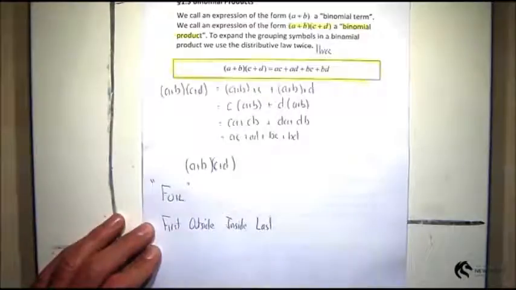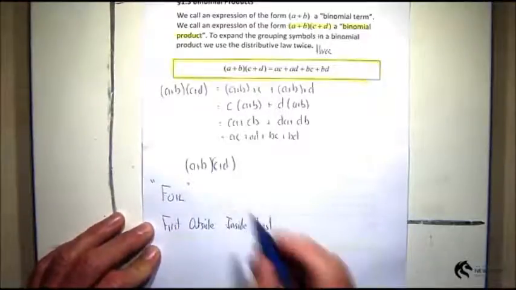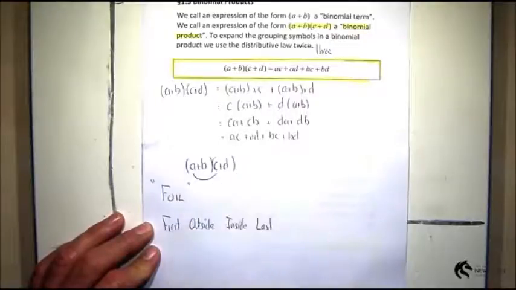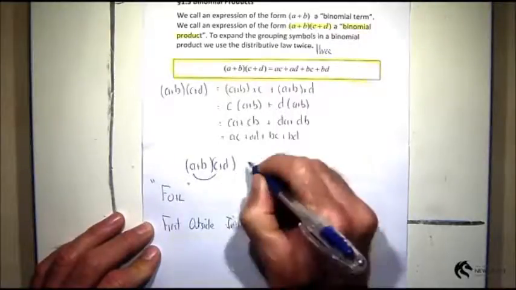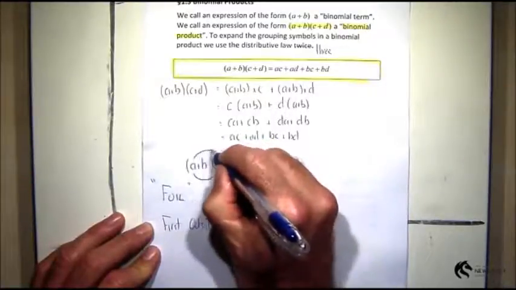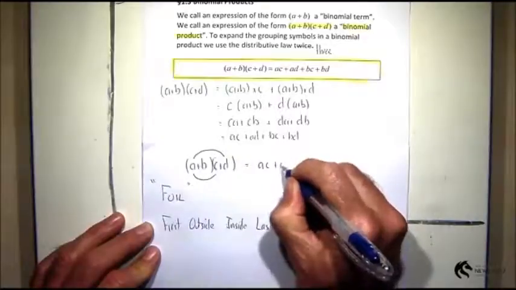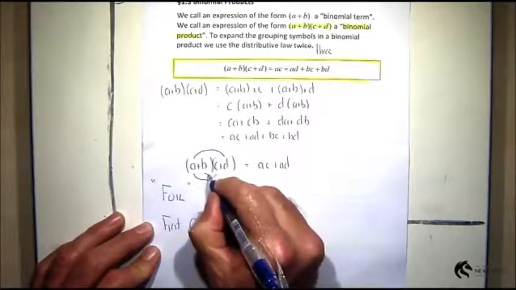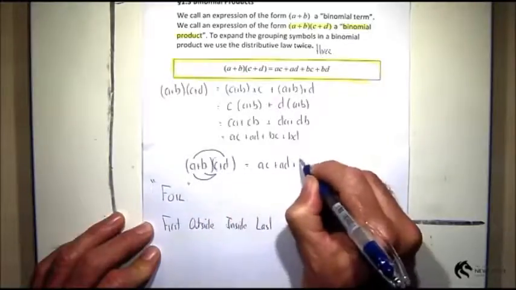FOIL. And what it says is multiply the first term, so if I can indicate them there, the first term in each binomial term, so that would be AC. Now multiply the outside ones, so that's A times D. Now the inside ones, which are B and C, so plus BC.